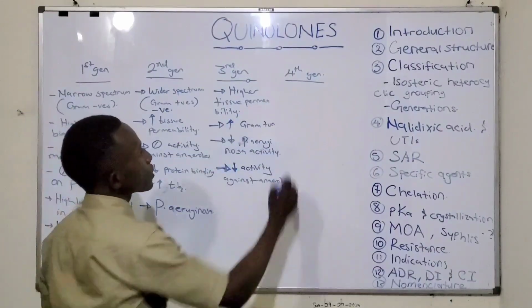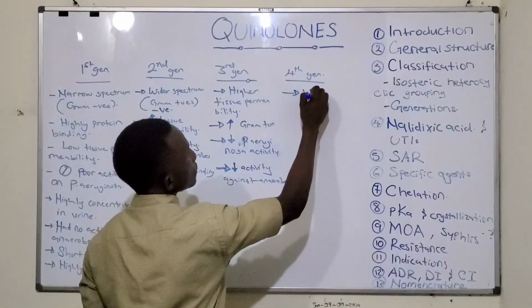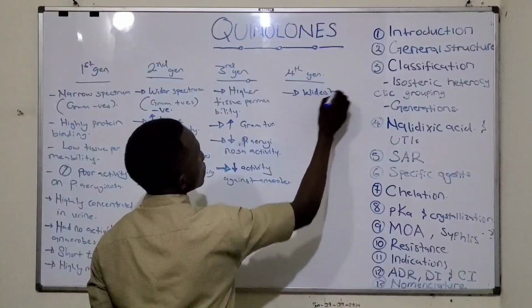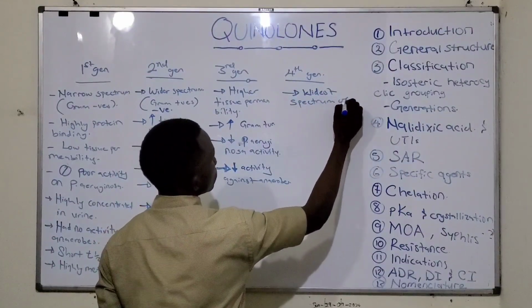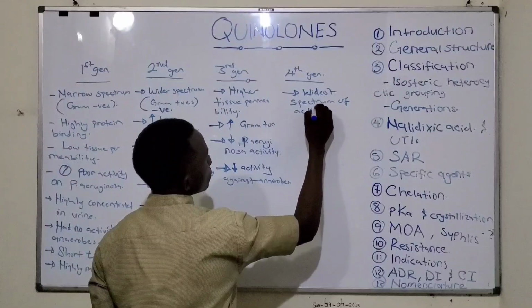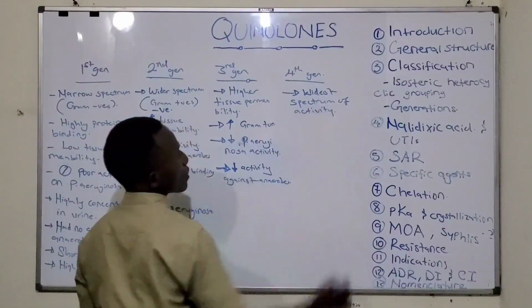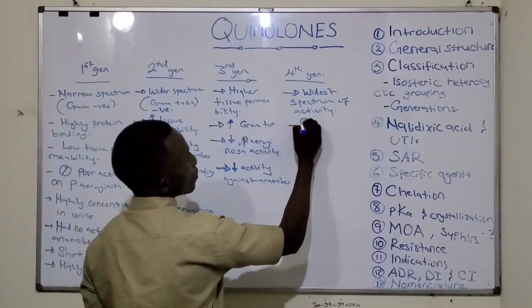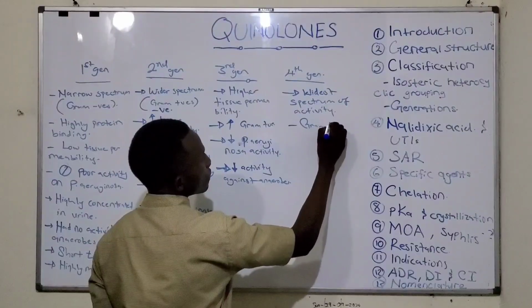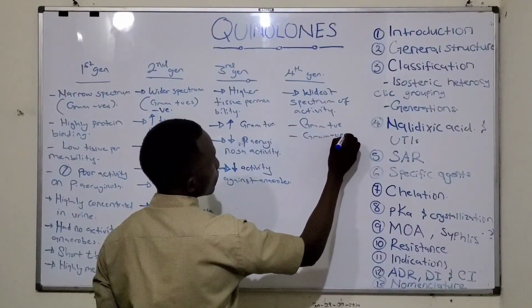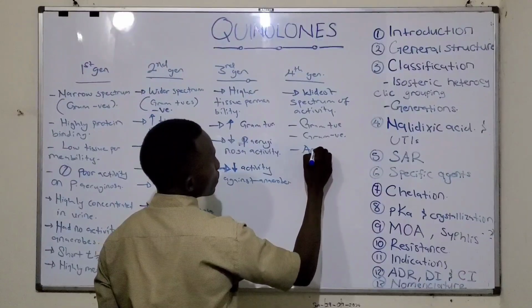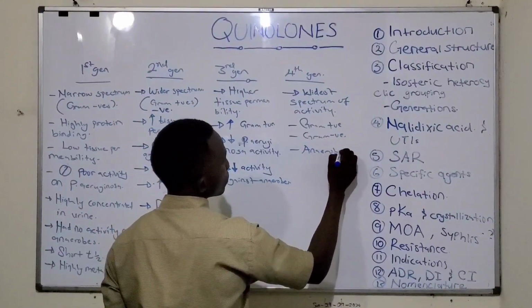In fourth generation, these have the widest spectrum. So they can act on the gram positives, gram negatives, and also anaerobes.